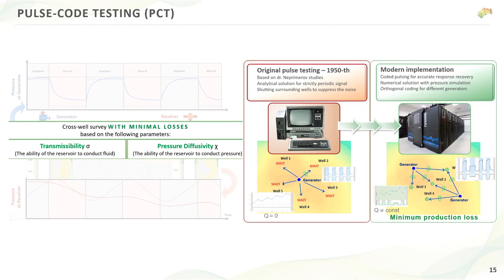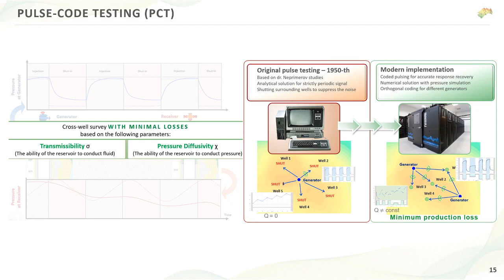So then this pressure disturbance would propagate through the reservoir, and then at some point it will reach the receiving well. And when it reaches the receiving well, it will have a wavy shape, let's say, right? It will be like a sinus, okay?